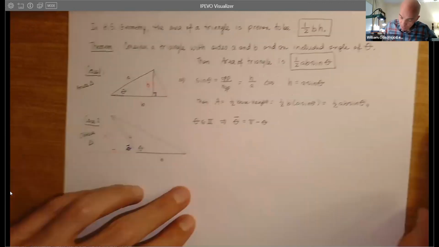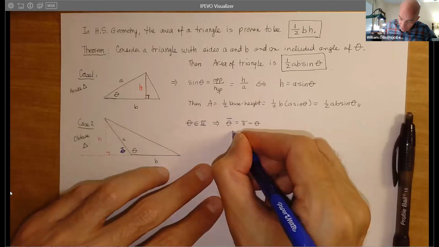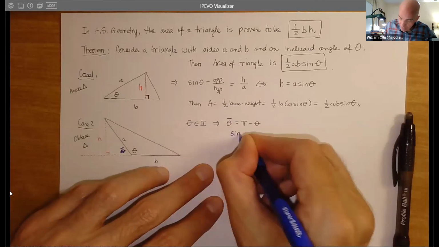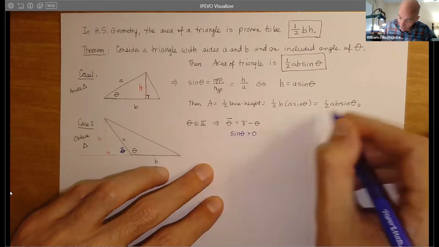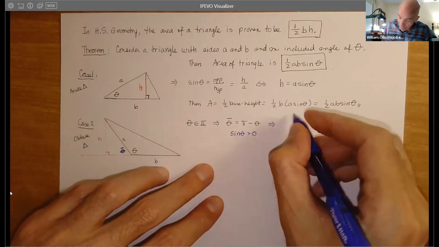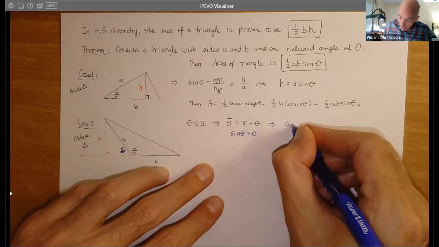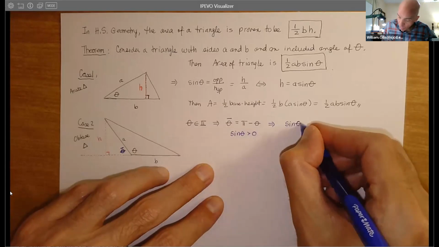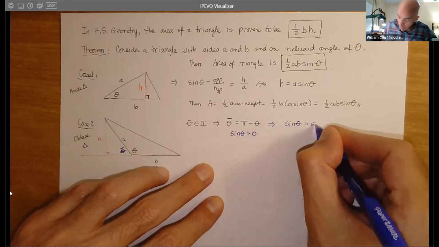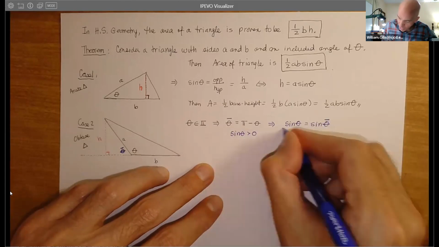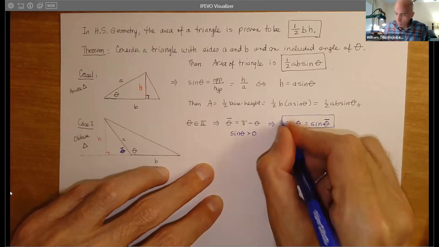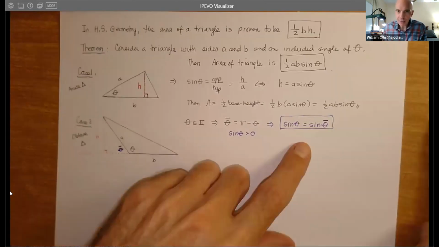But again, remember, sine of theta, that's in the second quadrant, is y, that's positive. So this implies that sine of theta equals sine of theta hat. That's really important. That's just using our unit circle, which I beat into your head, okay?